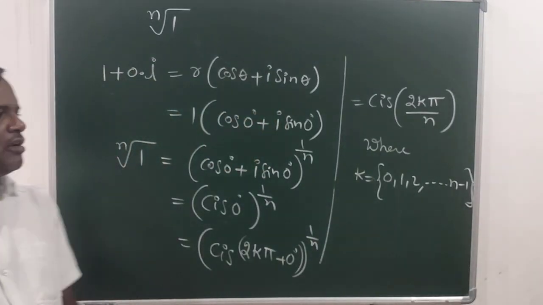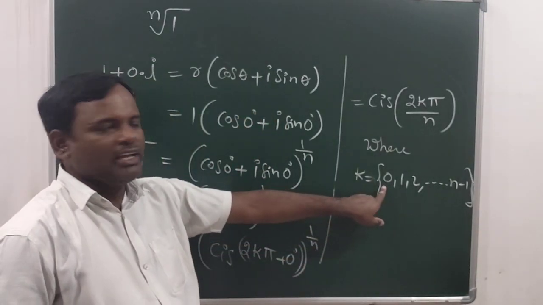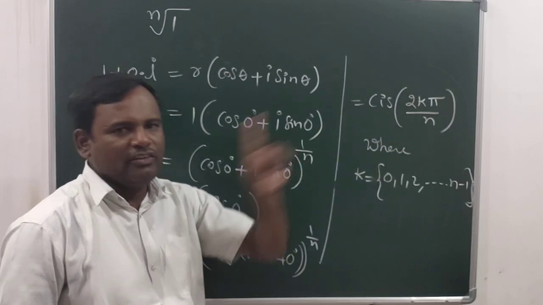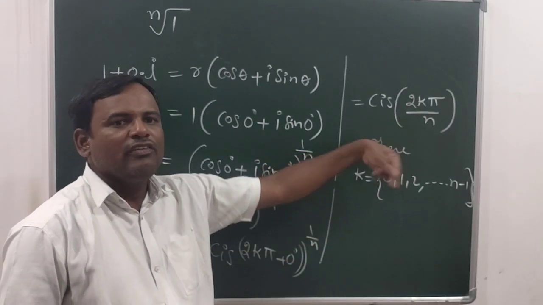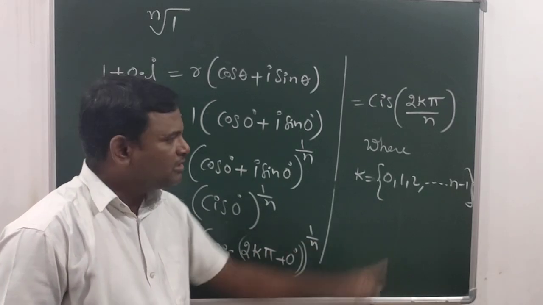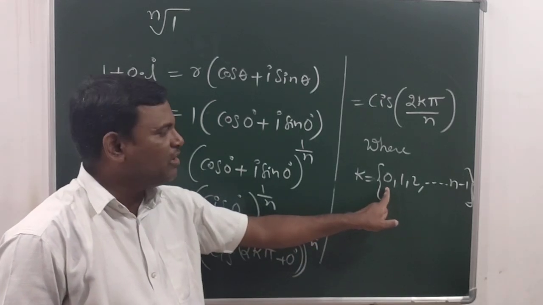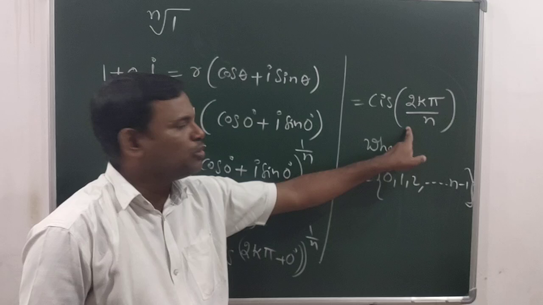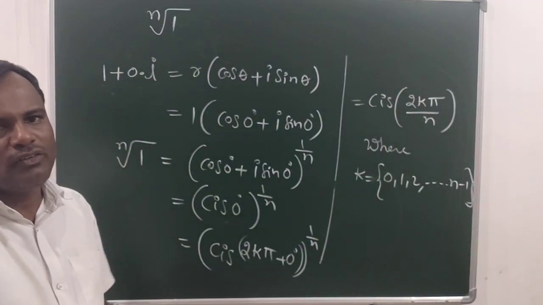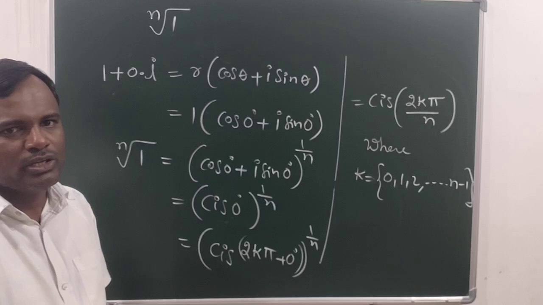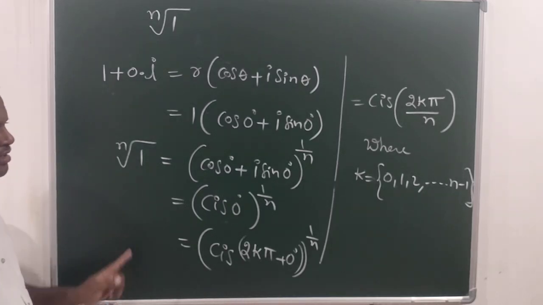Okay students, now if we write k equal to 0 here, we get one solution. If we write k equal to 1 here, we get one more solution. Like that you have to substitute this k value from 0 to n minus 1 so that we will get n roots for this nth root of unity. Okay students, I hope you have understood till here.